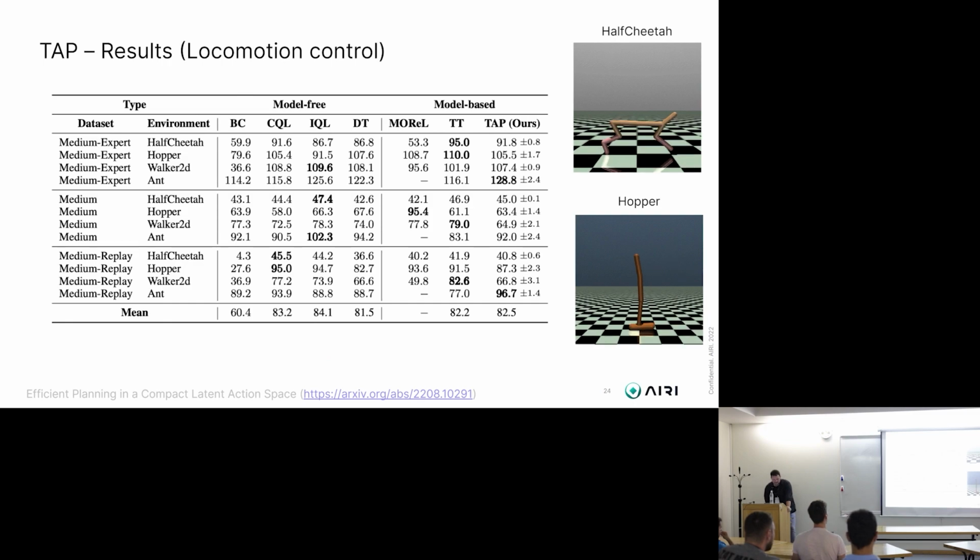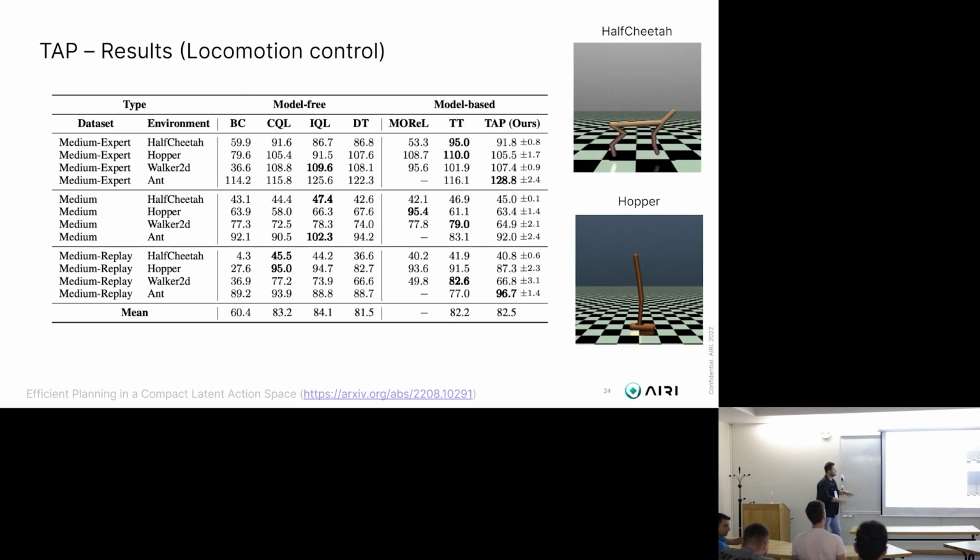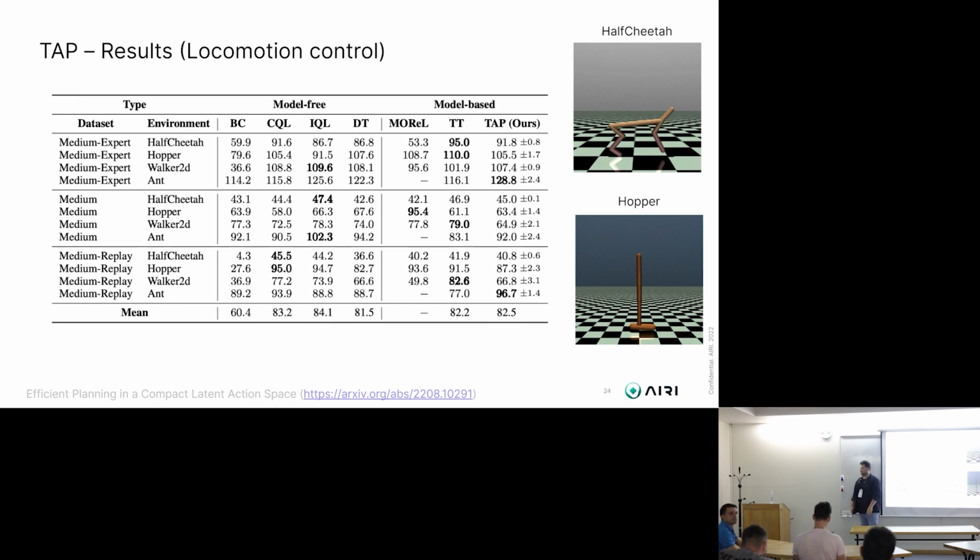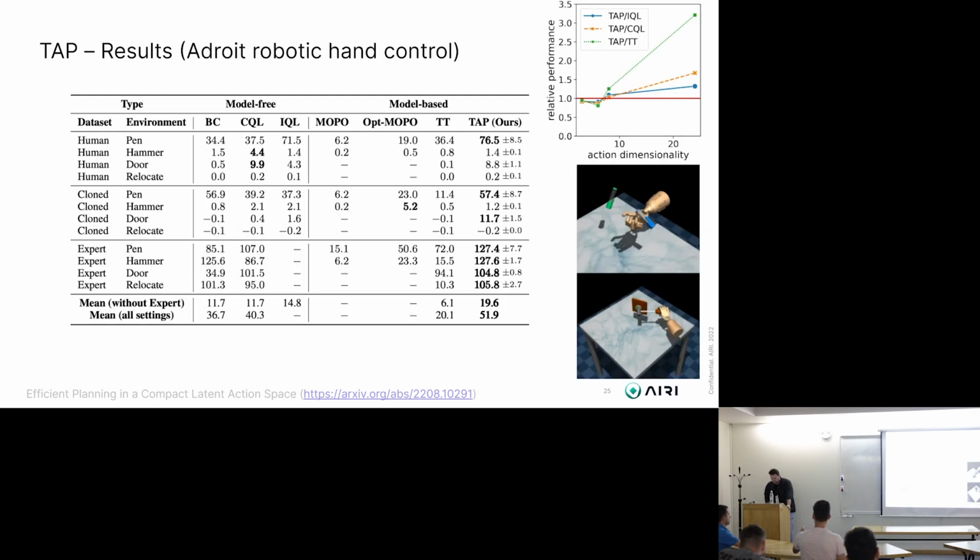If you see the results on the traditional control task, the decision transformer was tested. There is no huge advantage of applying this particular model. But if we move to another task, like robotic hand control, there the action dimensionality increases.